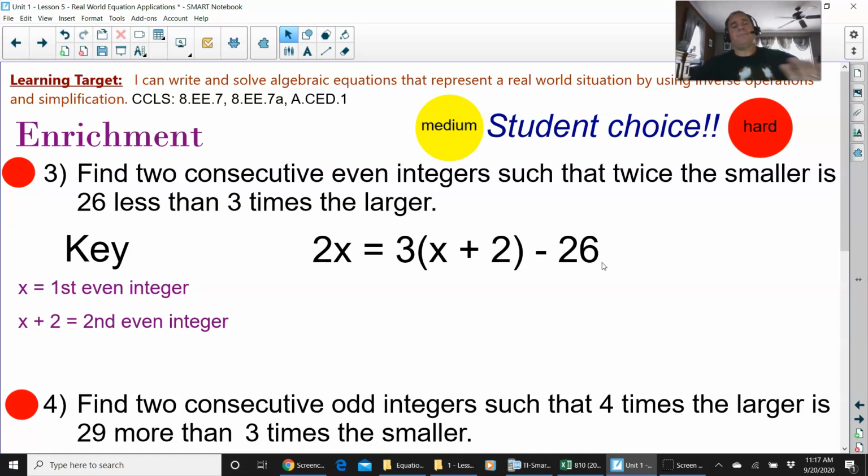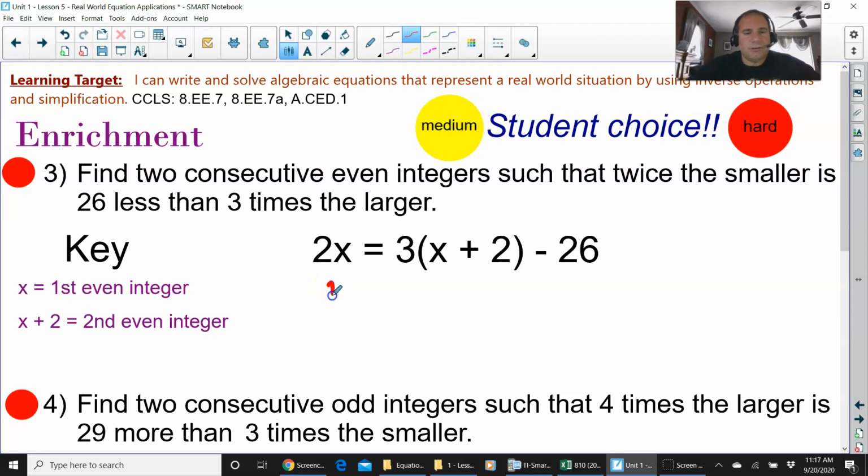All right. So let me just go through it again. Find two consecutive even integers such that twice the smaller, 2 times x, is 26 less than 3 times the larger. 3 times the larger, and then minus 26 would be equal to this. All right, different ways to put this down, but this is just one way.